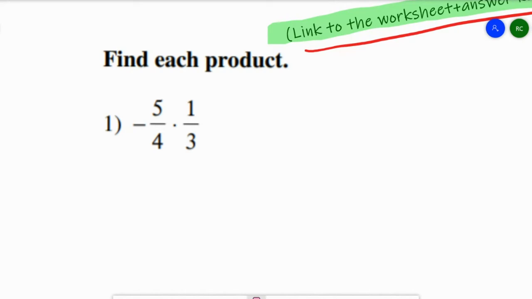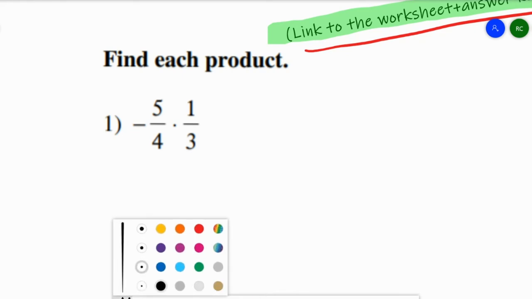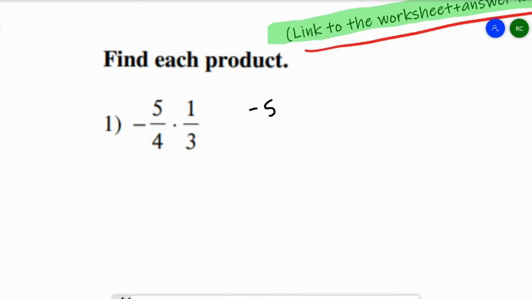And the answer is it can go in any of those places so long as it's only in one, right? Negative 5 divided by 4 is the same thing as 5 divided by negative 4. Either way, a negative divided by a positive is negative. A positive divided by a negative is negative.